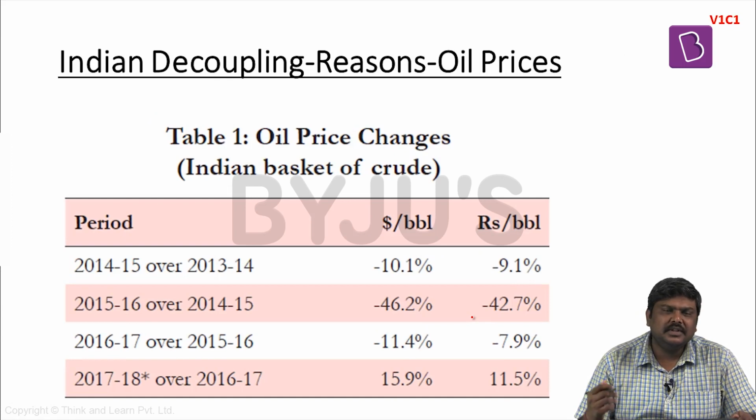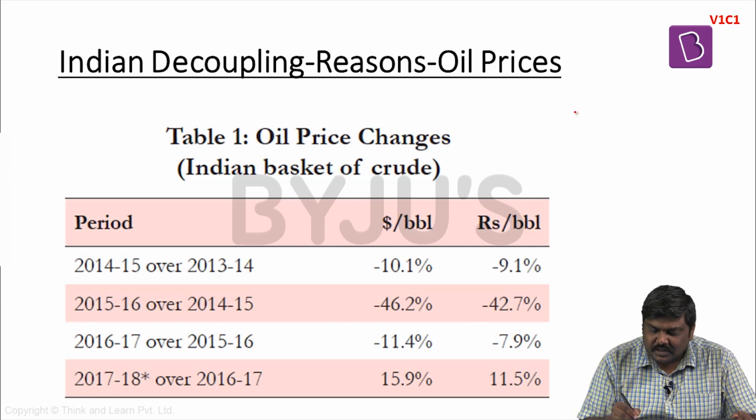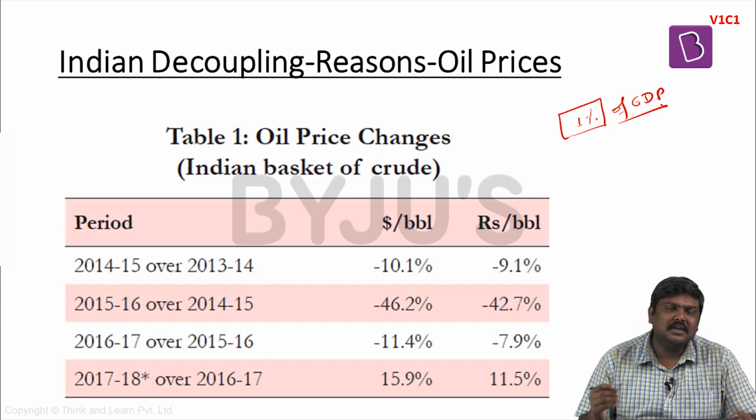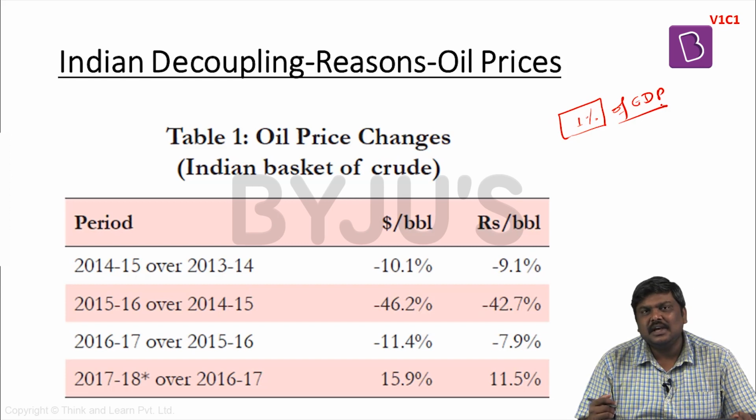The fourth reason for this kind of decoupling is increase in the oil prices. In the last 3 years, the government of India has made a huge windfall because of a decrease in the international crude oil prices. It is said that the reduction in the crude oil prices has led to a decrease in the outflow of government of India's expenditure by 1% of GDP. And very recently, the crude oil prices have started inching upwards, as a result of which government of India is forced to pay a higher amount for the imports of crude oil.